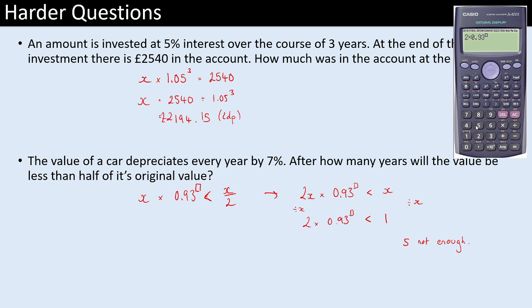Let's try 9. Ooh, that was close. I don't actually know the answer to this. I am working this out as we go. Again, not enough. We want this to be less than 1. So let's just increase that by 1 more to give us 10. Bingo. There we go. So after 10 years, we would have less than half of our original value.